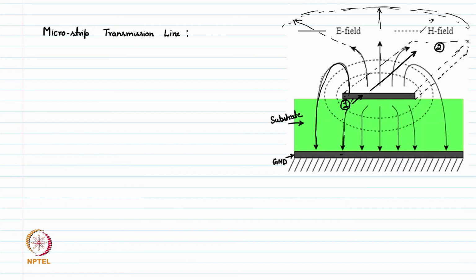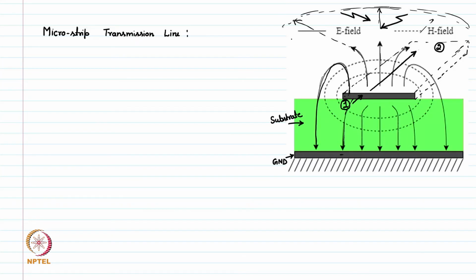Here we see we have a ground plane only at the bottom, so the majority of the microstrip line is coupled to ground. However, some portion is still exposed to the environment, and if the environment has a certain amount of noise, that noise can impact these electric field lines, and accordingly our electromagnetic wave, or the signal which is propagating, will be impacted. So, this is how a microstrip line actually works.